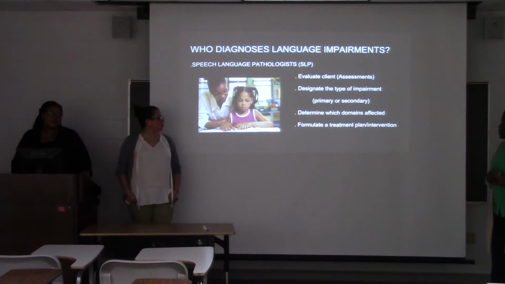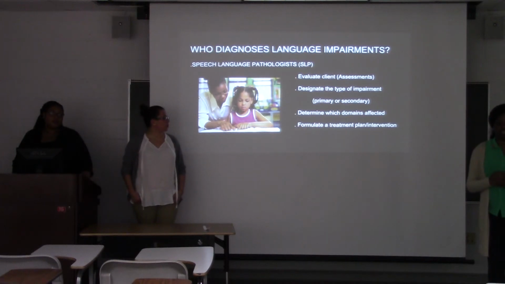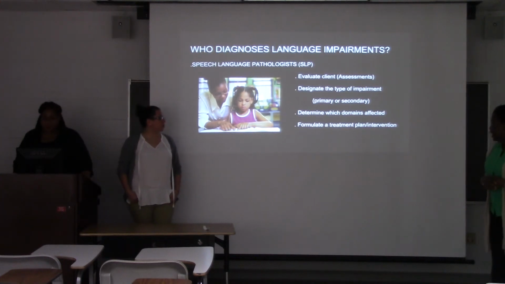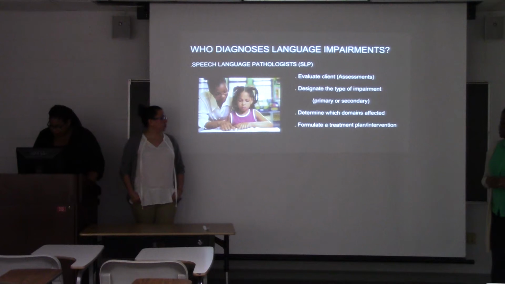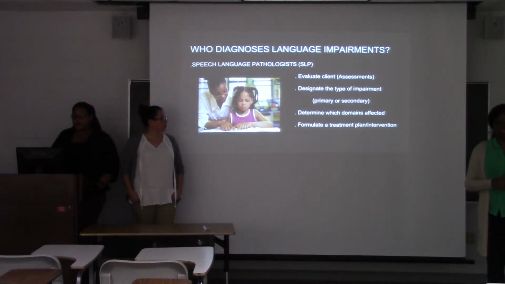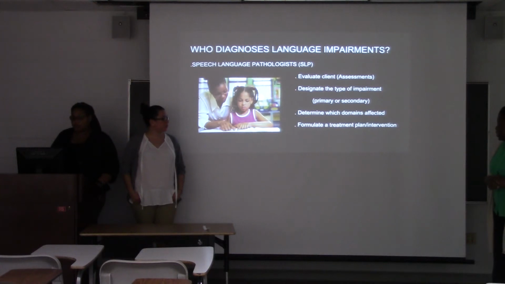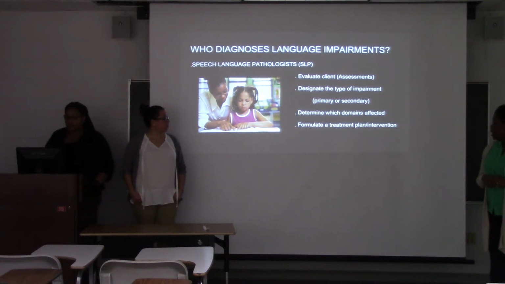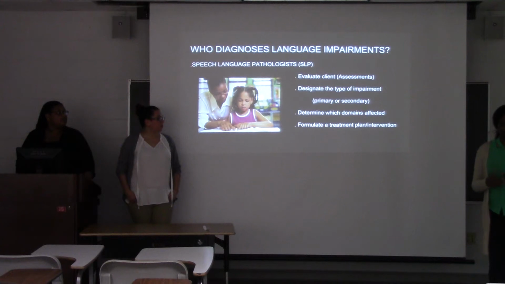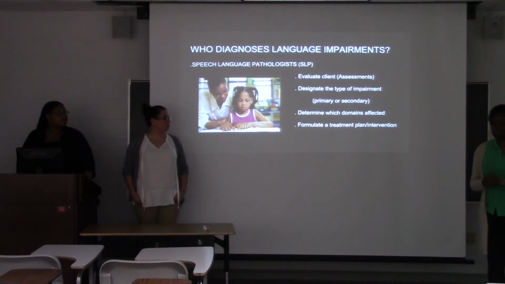They will designate the type of impairment, whether primary or secondary, and determine which domains are affected: phonology, morphology, syntax, semantics, or pragmatics. They'll also formulate a treatment plan, which is where we get into the intervention side of things.